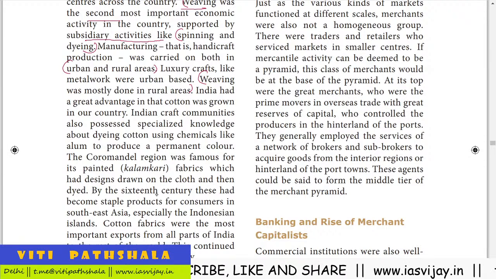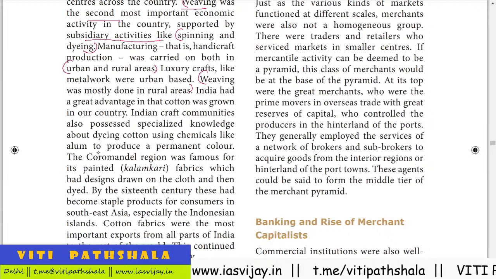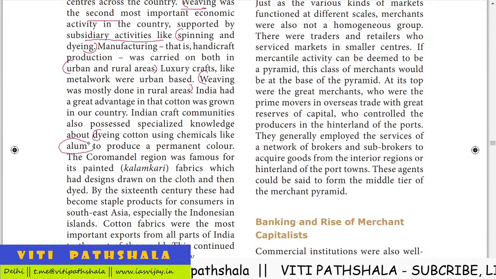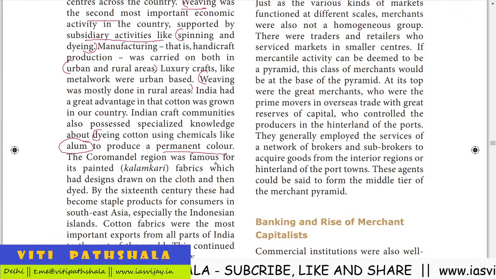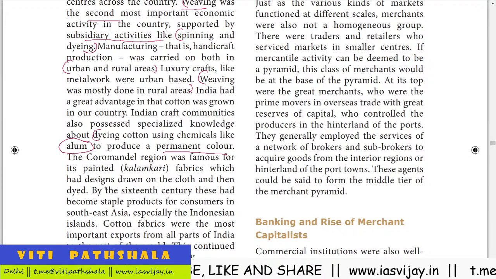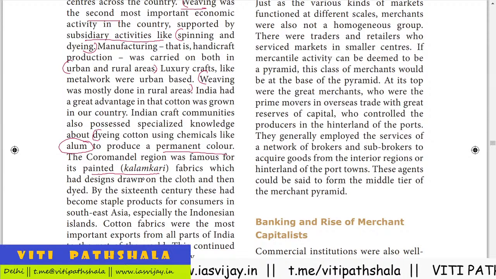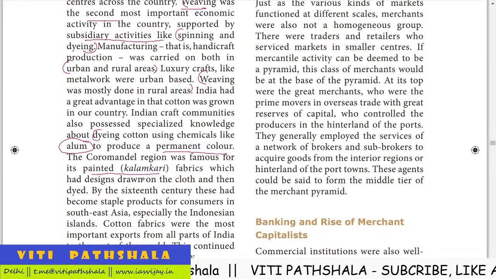Now Indian craft communities also possessed specialized knowledge about dyeing cotton using chemicals like alum to produce a permanent color. The Coromandel region was famous for its painted, that is the kalamkari fabric, which had designs drawn on the cloth and then dyed.